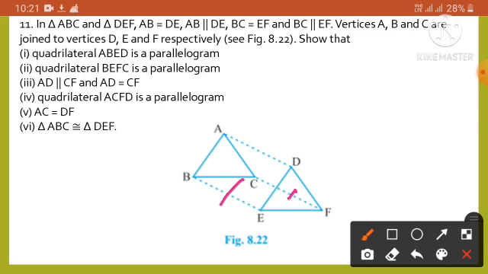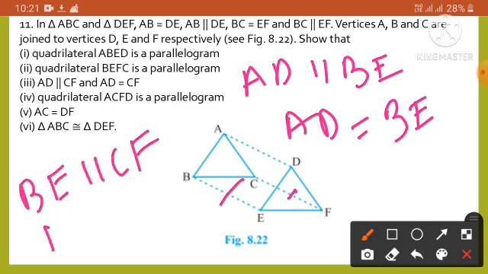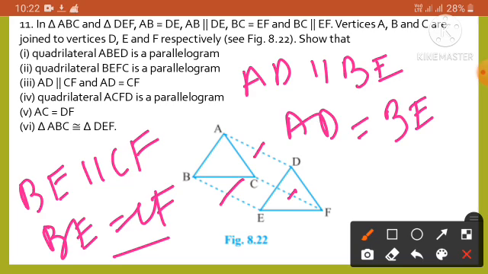So from these we can say that AD is parallel to CF and AD equal to CF also.